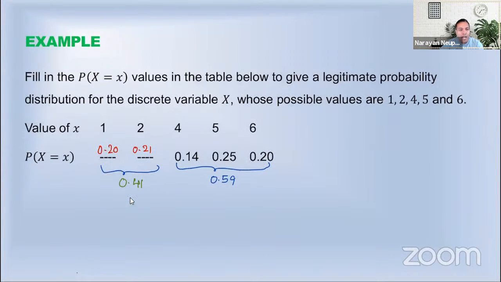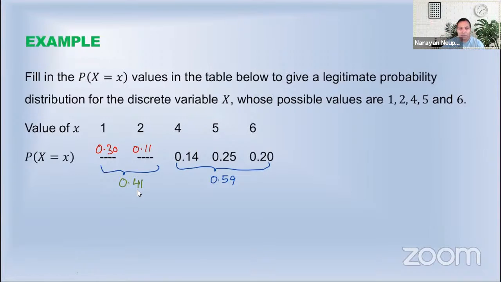That is one possibility. That's your answer. Or maybe another student has done this: 0.30 and 0.11. If you add 0.30 and 0.11, it is also 0.41. So you can select any numbers whose sum is 0.41.